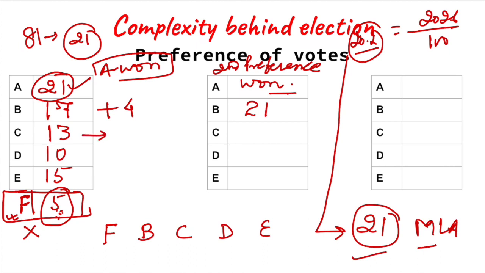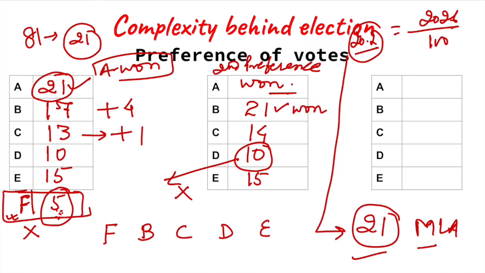Now, for example, 1 MLA out of these 5 has a second preference for C. Then C will get 14 votes. D will have 10 and E will have 15. In this case, D has the lowest vote, so he will be out of the election. And now B has won.